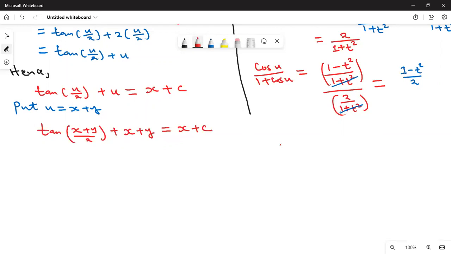That the x will cancel with this x, so that we have tan of x plus y over 2 added to another y should give us a constant c of integration.